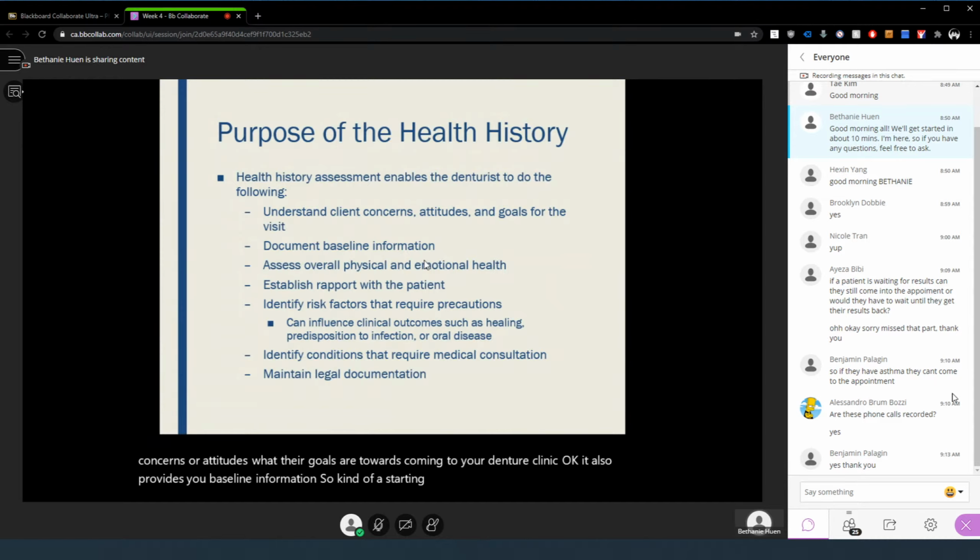It gives you an overall assessment of their physical and emotional well-being, and any risk factors that may set off some red flags in regards to treatment, or if a medical consultation needs to be provided. And again, it helps to maintain the legal documentation, keeping in mind that a patient's chart in your office is a legal document.